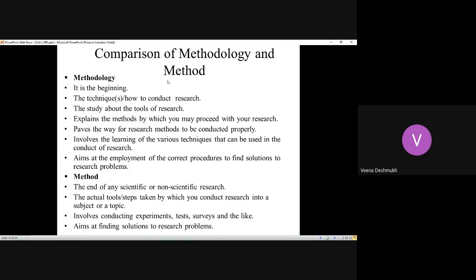Here it is a vast study. Here it is finalized, zeroed down to a specific method, specific tool, specific way of conducting the surveys, then arriving at the solution. So methodology involves a vast study of various tools and techniques, whereas method is specific to a kind of research.